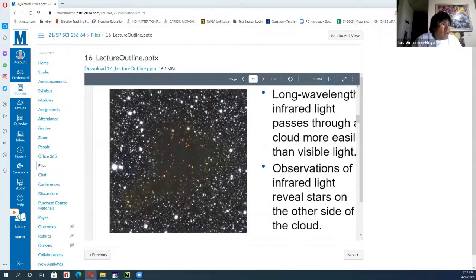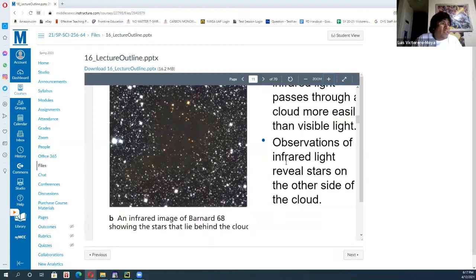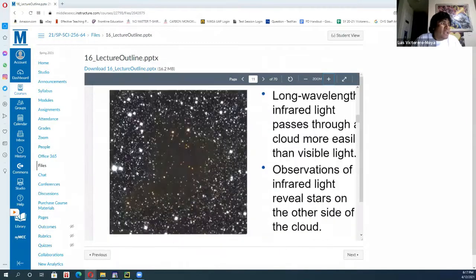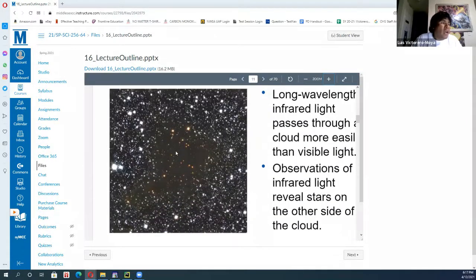All right. So as it says there, observation of infrared light reveals stars on the other side of that cloud. So dust, interstellar reddening, and infrared imaging are very important to study star formation.